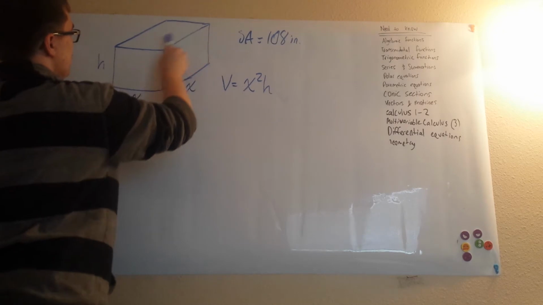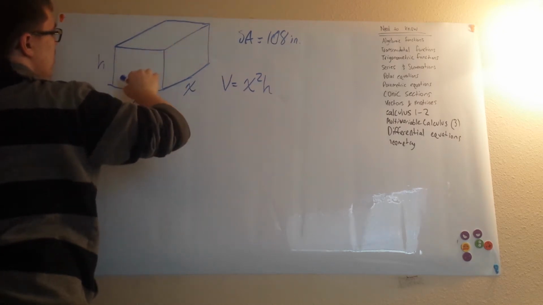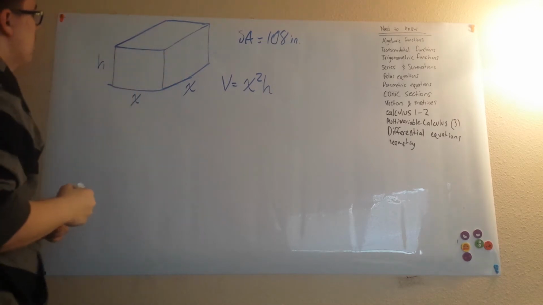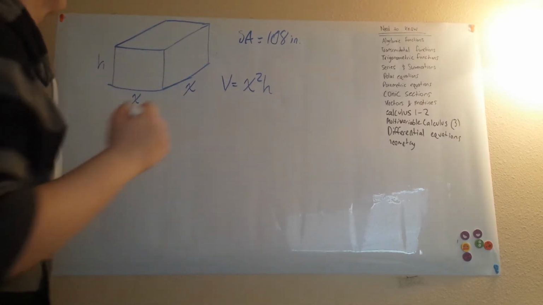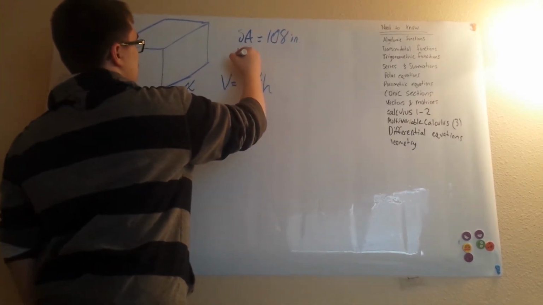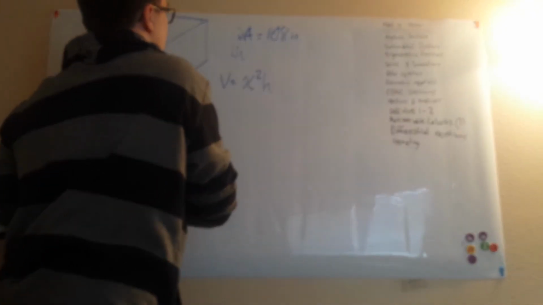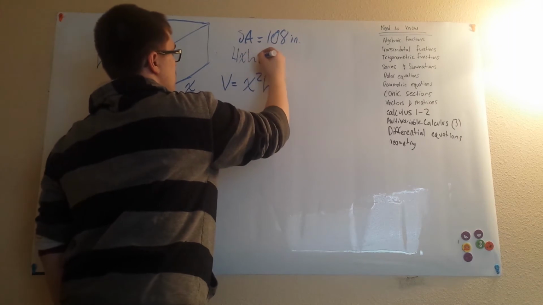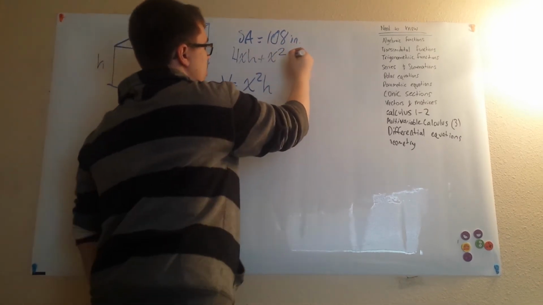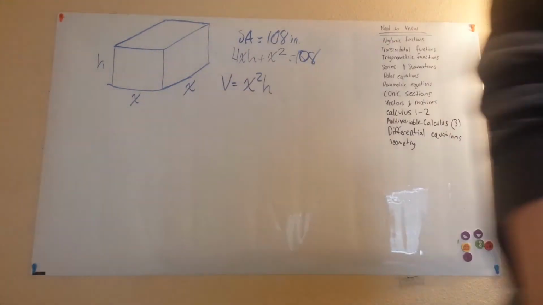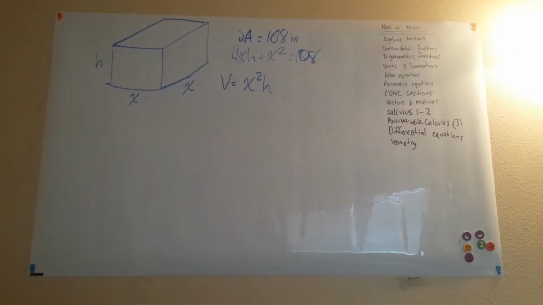So the areas of these 1, 2, 3, 4 are h times x. So xh plus x squared equals 108. There you go. Sorry, this is weird.